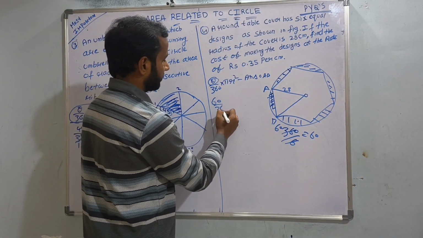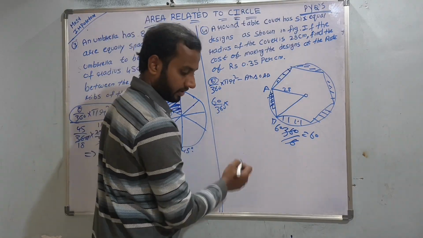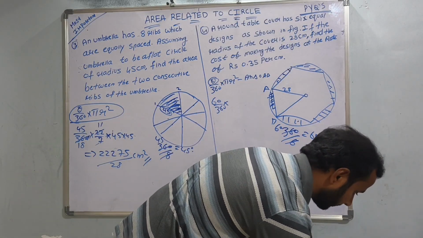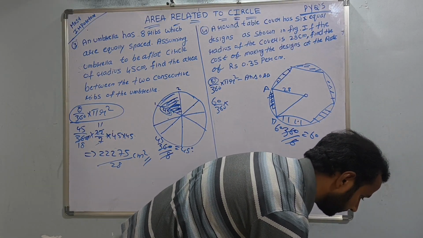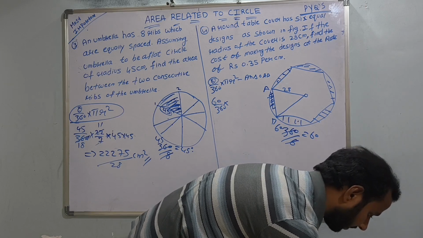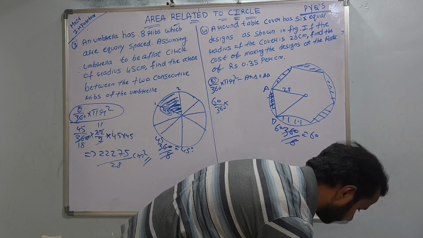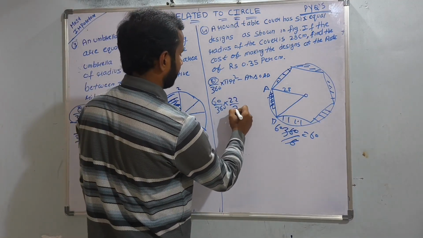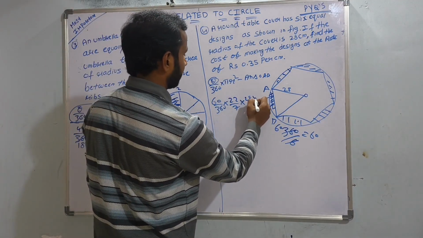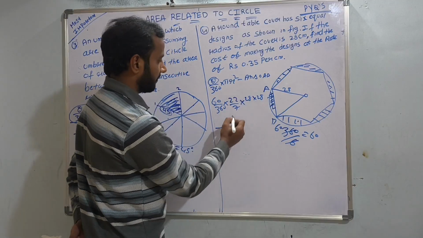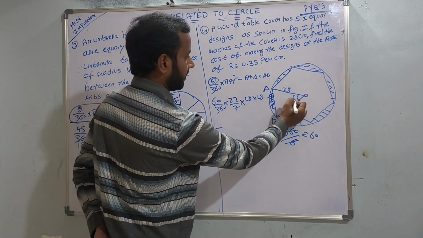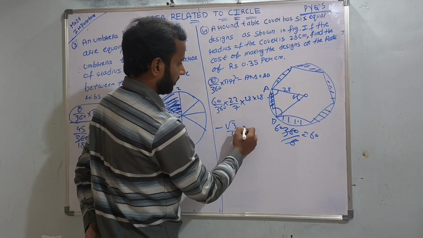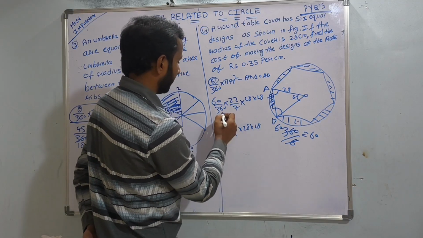60 by 360 into pi value 22 by 7, radius is 28, minus area of triangle. If it is 60 degree, then the triangle is equilateral, so I will use root 3 by 4 a square, that is 28 into 28.